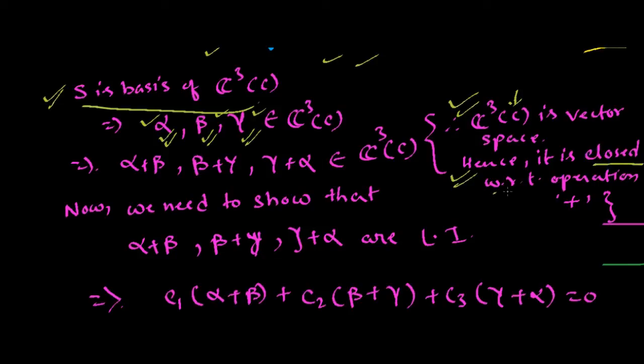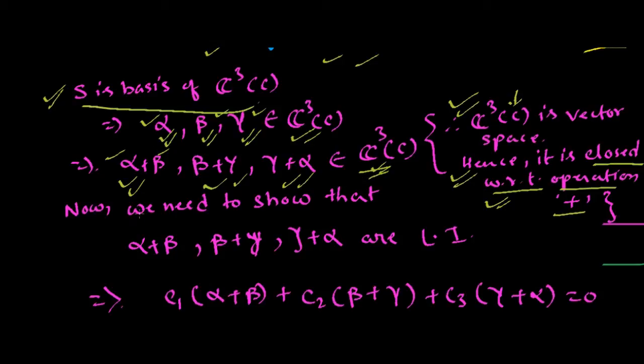It should be closed with respect to addition. So alpha plus beta, beta plus gamma and gamma plus alpha will also be in C3, because alpha, beta and gamma are all in C3, right?